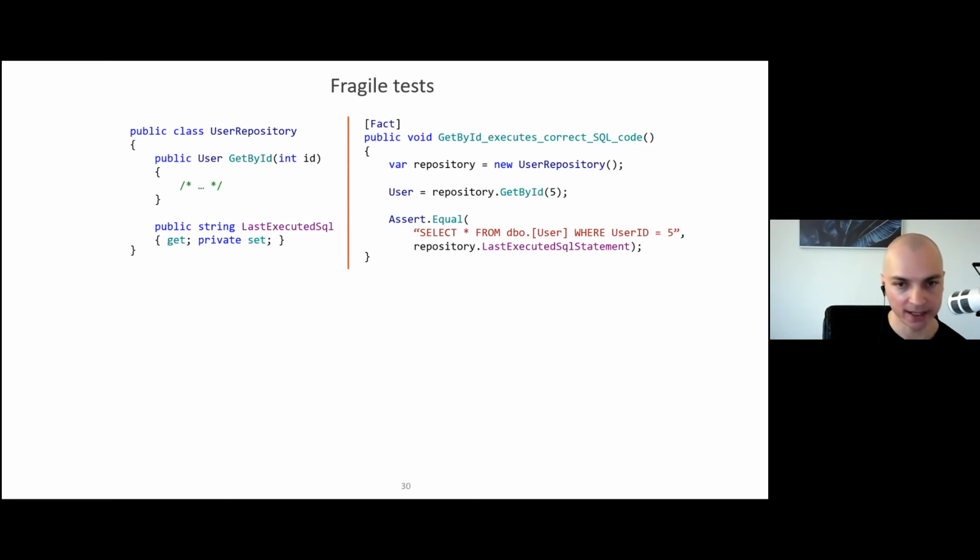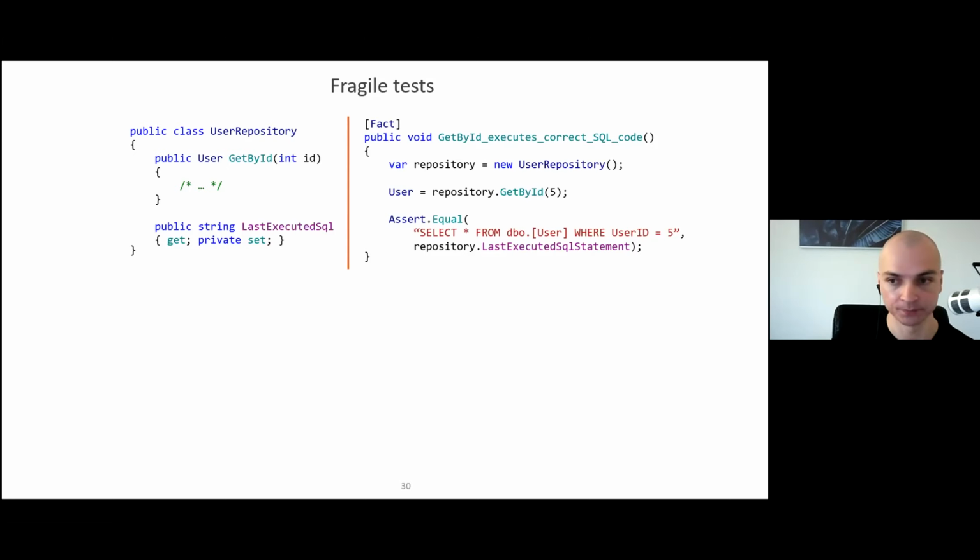And when you execute that method, it puts the last executed SQL in this property called last executed SQL. And on the right, we have the test that checks this repository.